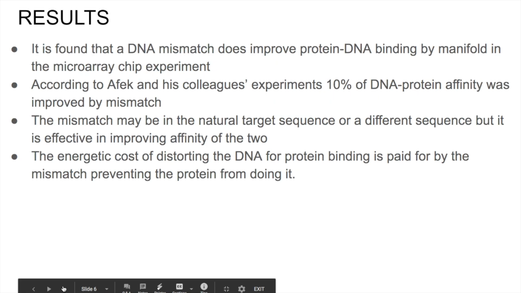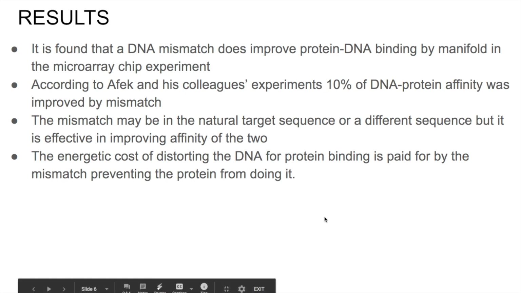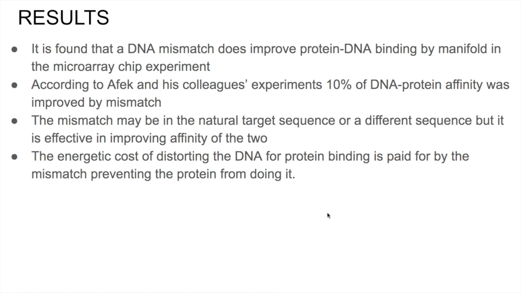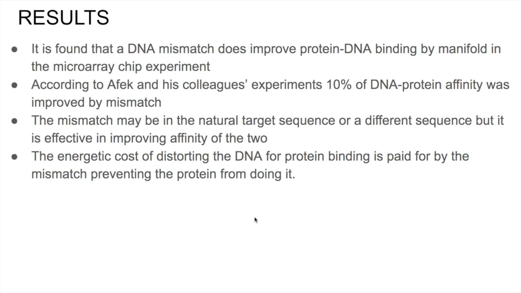According to the experiments of Afek and his colleagues, 10% of DNA-protein affinity was improved by mismatch. The mismatch may be in the natural target sequence or a different sequence, which means that at times DNA tends to bind to a specific protein, and if there is a mismatch, the protein may bind to a different sequence because that becomes the more fit sequence for the protein to bind, and that improves the affinity of the protein and the DNA for each other.